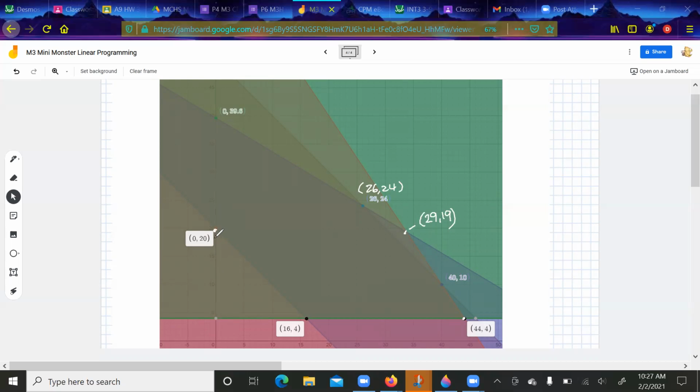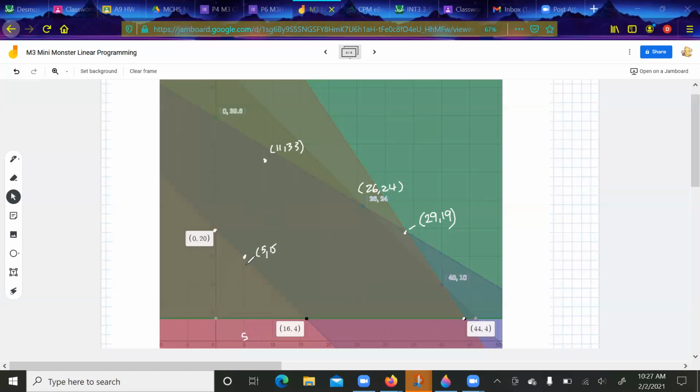Okay, so other points that I need are 11, 33, which is somewhere around here. And then another point on that line I need is 5, 15. So here's 5 and 15 is right there.